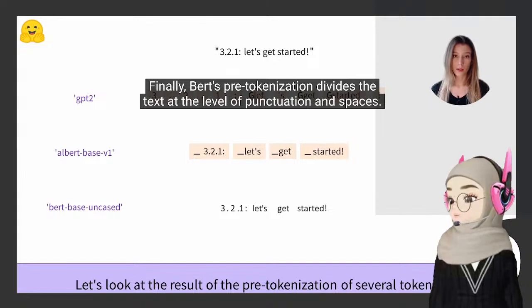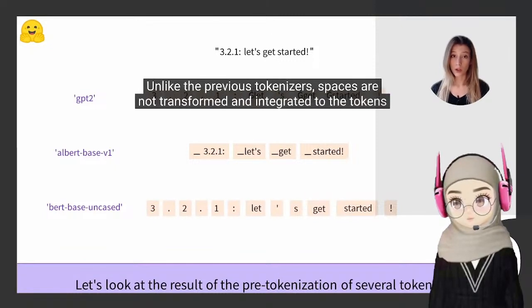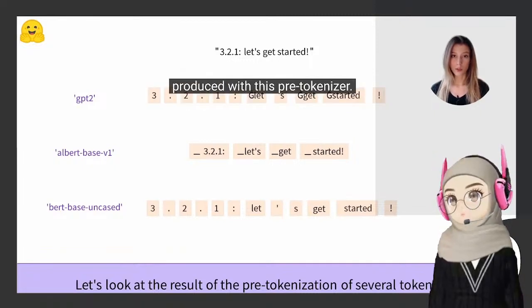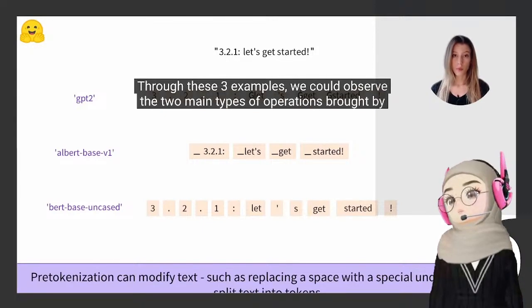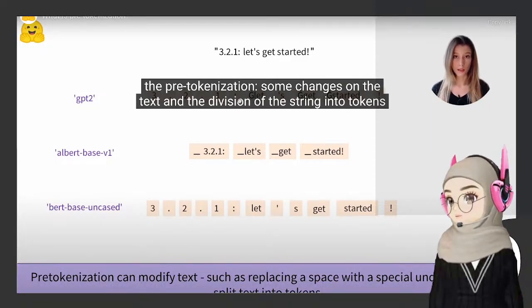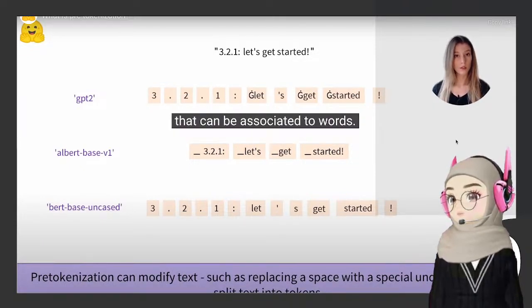Finally, BERT's pre-tokenization divides the text at the level of punctuation and on spaces. But unlike the previous tokenizers, spaces are not transformed and integrated into the tokens produced with this pre-tokenizer. Through these three examples, we could observe the two main types of operation brought by the pre-tokenization: some changes on the text and the division of the string into tokens that can be associated to words.